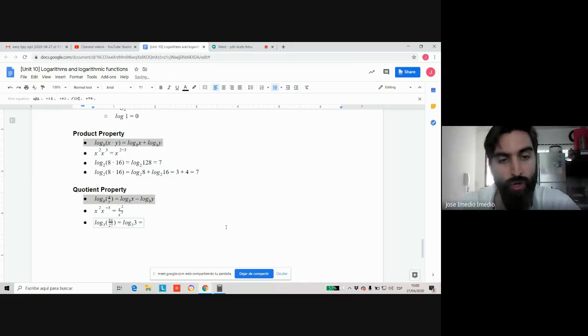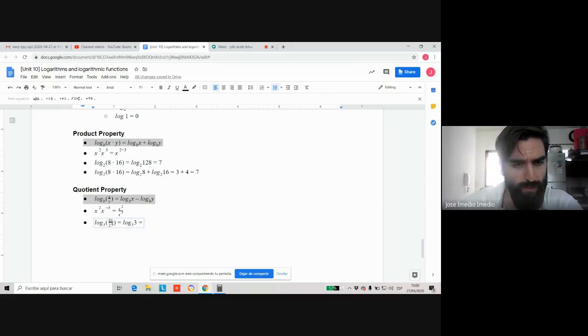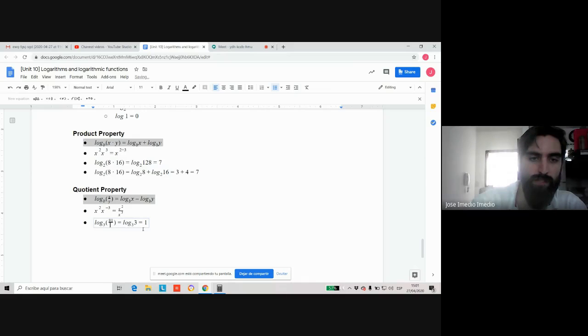Okay, so yeah, the logarithm base 3 of 3 is 1. Because this 3, if I raise it to the first power, I'm going to get a 3. Actually, let me use 9 here because it's going to make more sense.